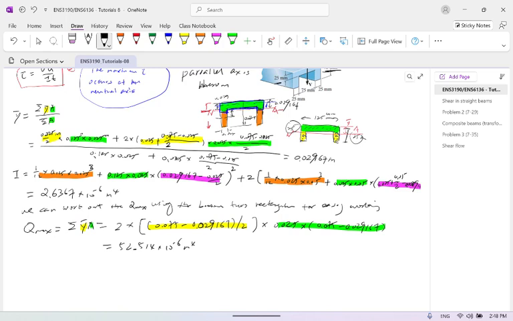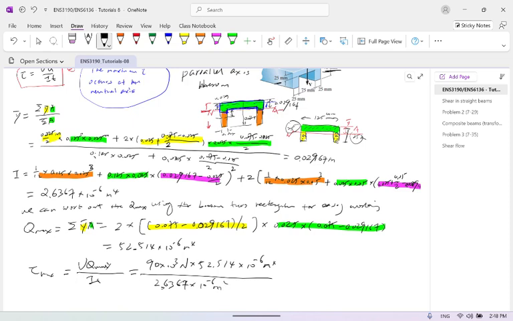Of course, everyone knows this one, we can work out tau max. That's VQ max over It. So from here we can work out 19 kilonewtons times Q over I, which is 2.6367 times 10 to the negative 6 meters to the power 4.